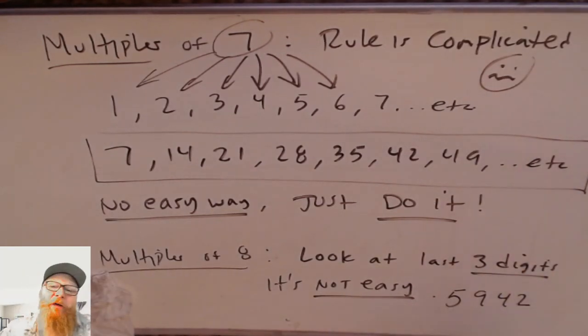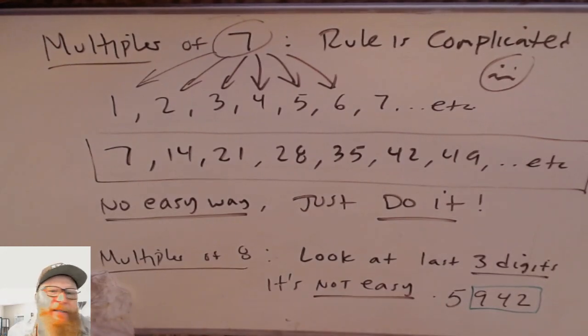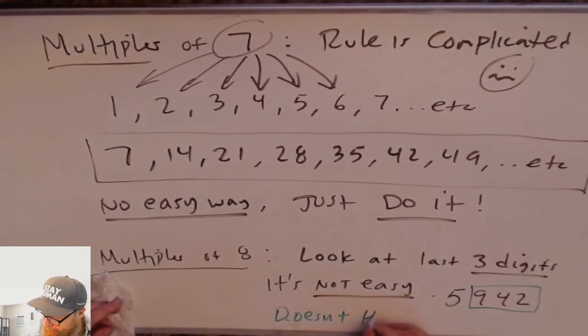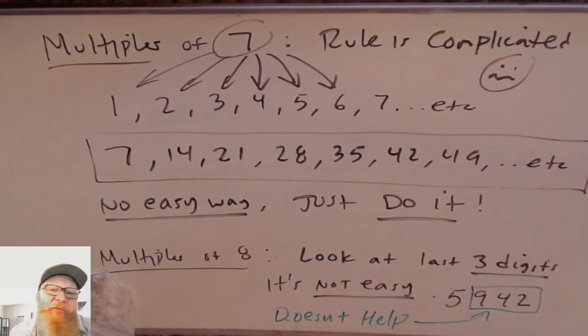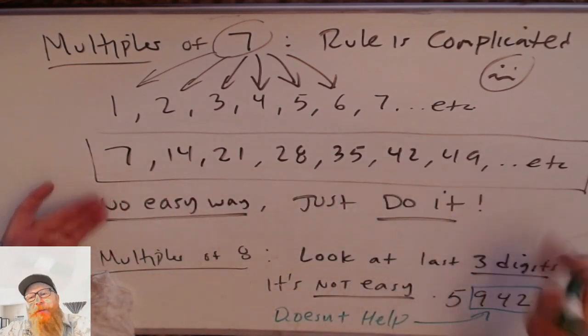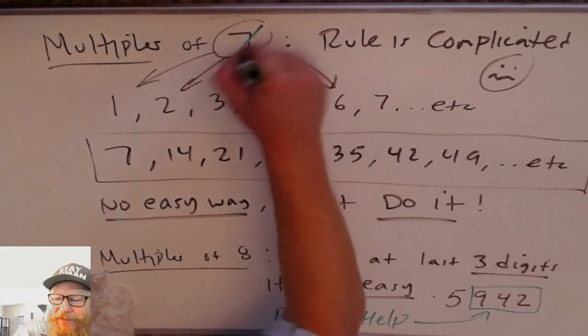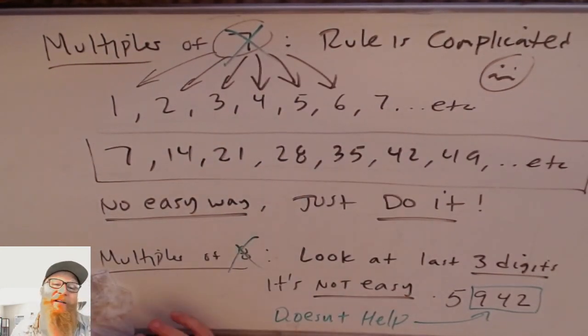So the trick is, look at the last 3 digits. Well, that doesn't help. It doesn't really help. I mean, do you know whether 942 is divisible by 8? Well, I don't know. If it's a multiple of 8, you could just sit here and multiply until you get 942. So for 7 and for 8, it's not even worth having a trick.